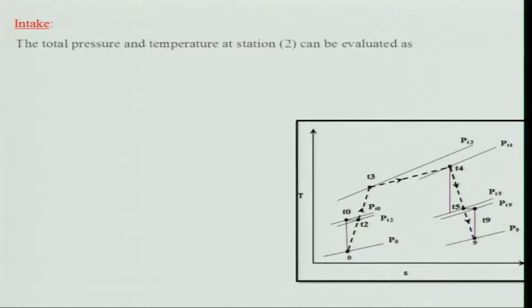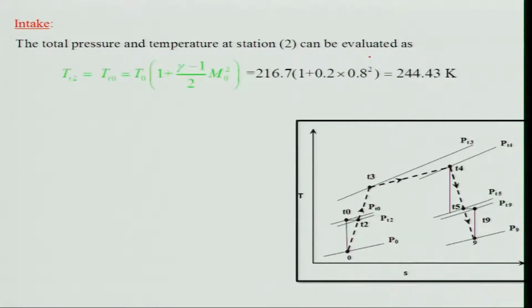So, let us look at the intake, the air intake. The total pressure and temperature at station 2 can be evaluated as TT2 is equal to TT naught, which is T naught times (1 plus (gamma minus 1) divided by 2 M naught squared). We put these values of gamma 1.4, M naught 0.8, T naught is given, you will get 244.43 Kelvin, right, which is the same as that of an ideal cycle.